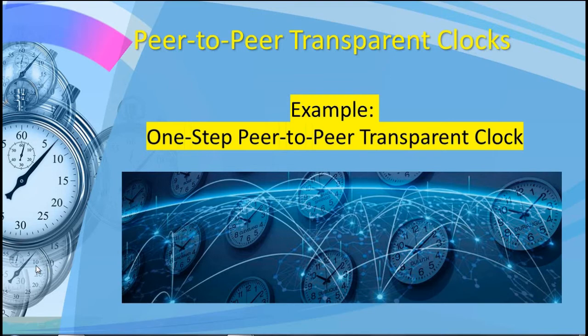We talked about how the peer-to-peer transparent clock works, including both one-step and two-step TC. Next, I'm going to give you some examples for both one-step P2P TC and two-step P2P TC.